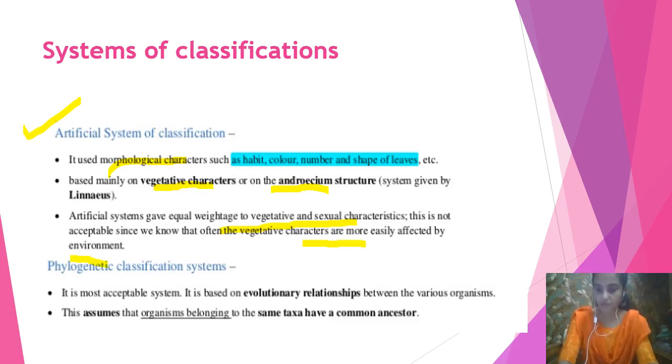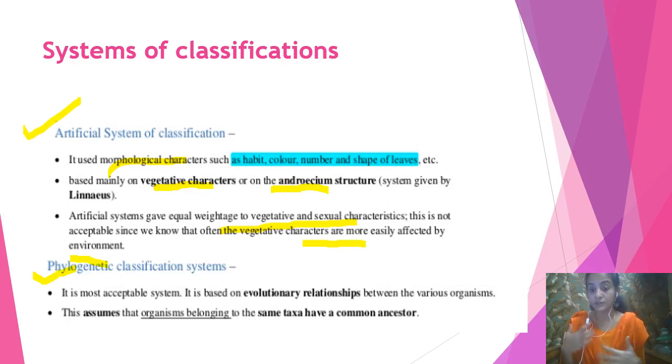Now, what system of classification are we following? That is the phylogenetic system of classification. This is the most acceptable system because phylogeny means we consider evolutionary relationships, for example if species have a common ancestor. Organisms belonging to different taxa may still have a common ancestor.